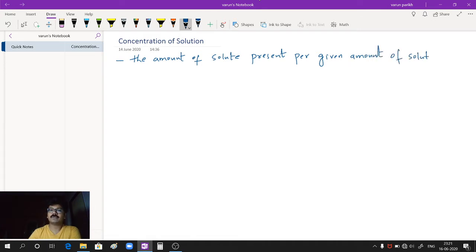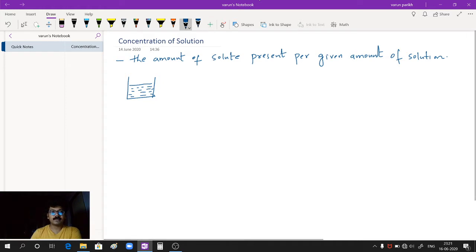That is the concentration. That simple thing: you are given a solution, and per this given amount of solution, how much solute you are adding inside, that makes the concentration of solution.